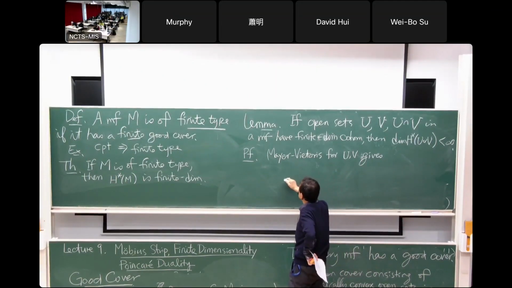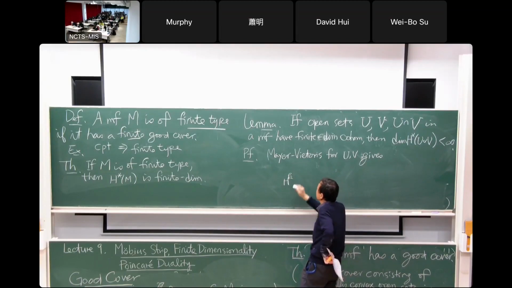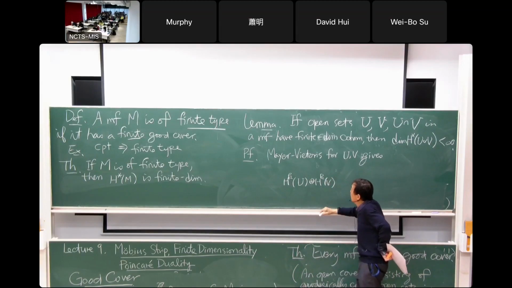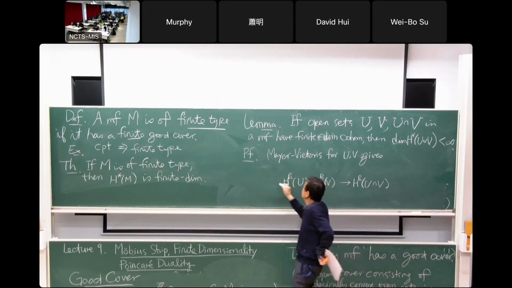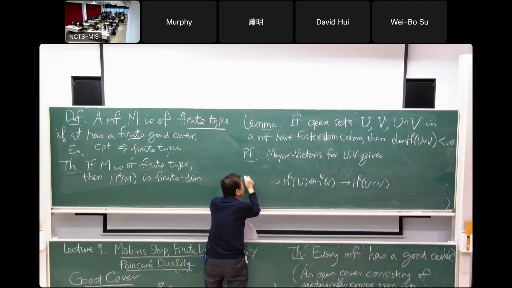In the Mayer-Vietoris sequence, you have H^k of U plus H^k of V going to H^k of the intersection. That's a difference. And then you have the restriction from H^k of the union.